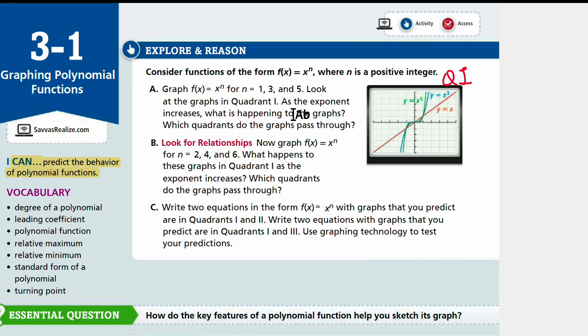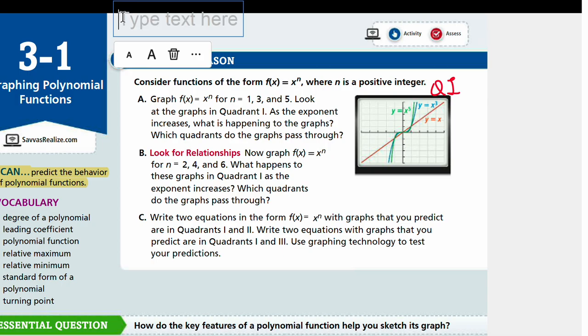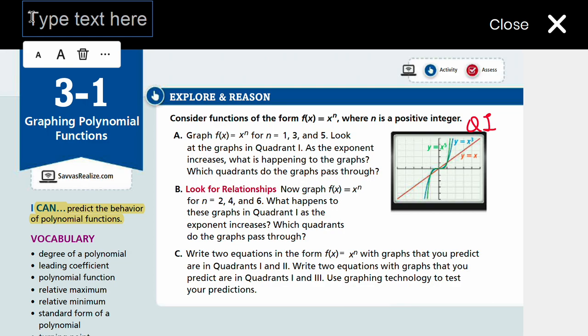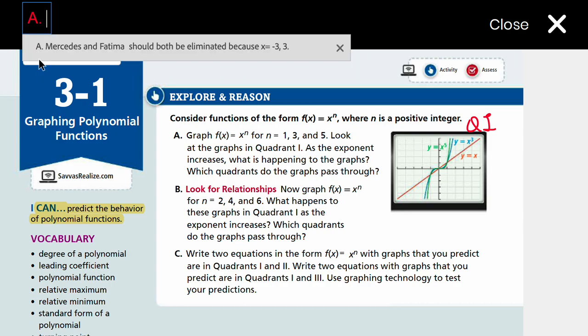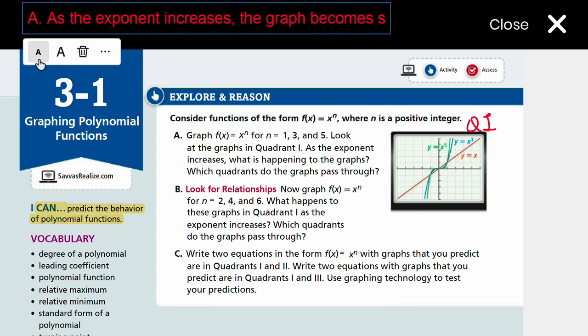So let's write that somewhere. I'm going to type on top right here. Okay, so let's say a. As the exponent increases, the graph becomes steeper. And in which quadrants?